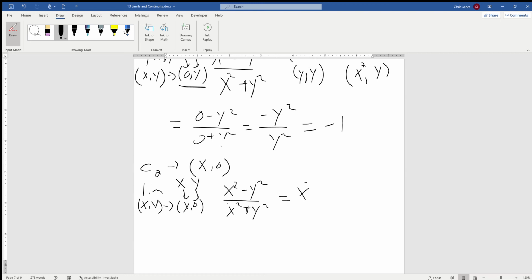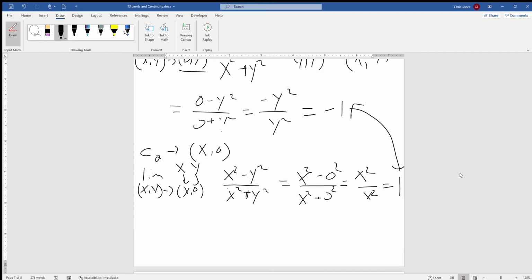That becomes x squared minus 0 squared divided by x squared plus 0 squared, which becomes x squared over x squared, which is 1. Clearly, those two values are not the same, which means on one path we're approaching negative 1, and from another side, positive 1.